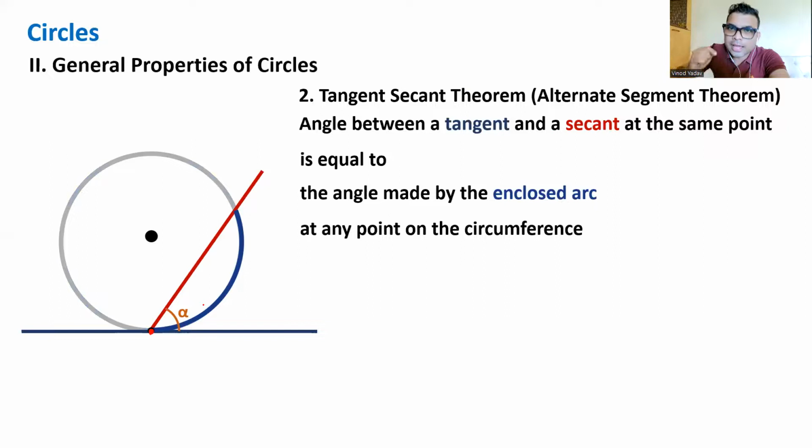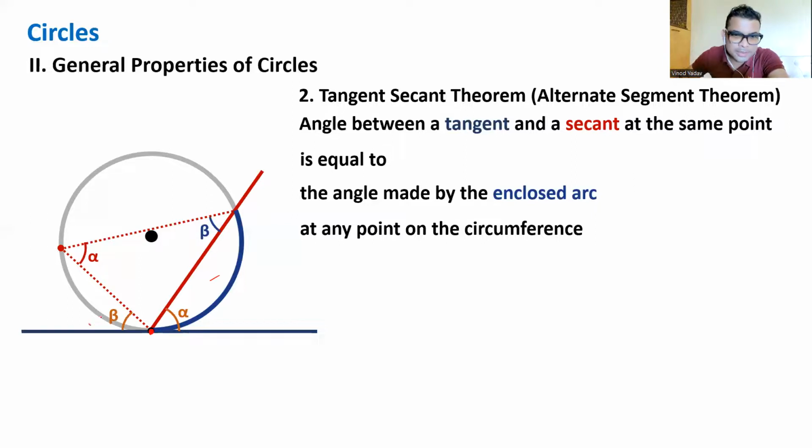So wherever this arc subtends an angle on the circumference, that inscribed angle will also be alpha only. So you can see this is like a segment. It is making an angle in the alternate segment, the opposite side segment. Hence it is also called the alternate segment theorem. Very important. Generally, this doesn't click that fast, but please remember.